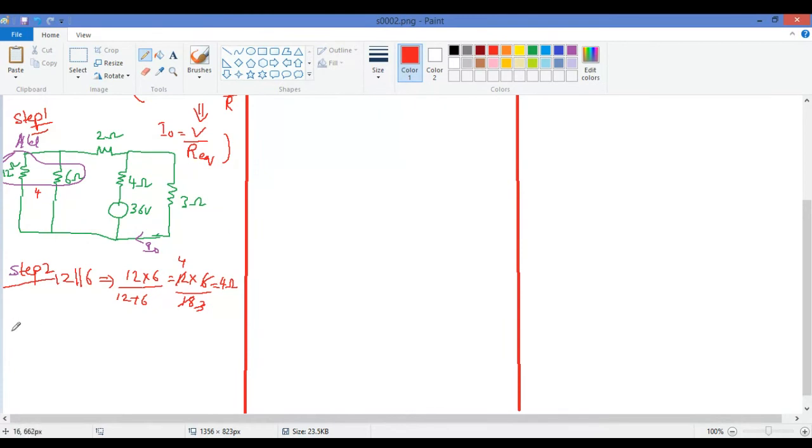So I just draw the circuit. 36 volts, and this is 3 ohms, this is 4 ohms, and then I have got 2 ohms, and this is all I replaced it with 4 ohms.